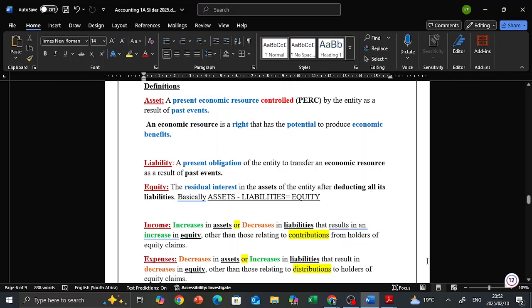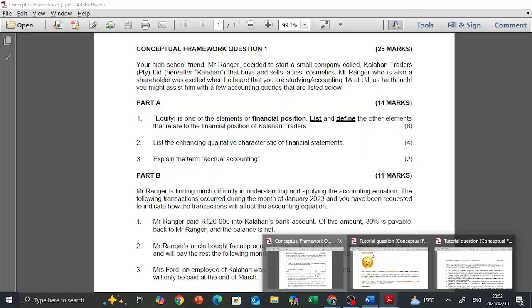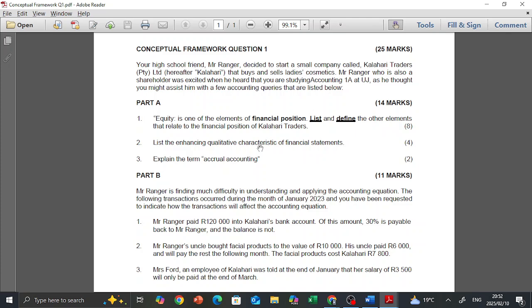Right? So now I'm going back to the question. This is essentially us revising what we've been learning thus far. Okay? Now, list the enhancing qualitative characteristics of financial statements. Once again, I am prioritizing those who unmute. Let us engage.